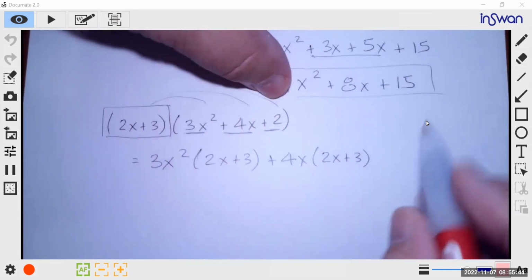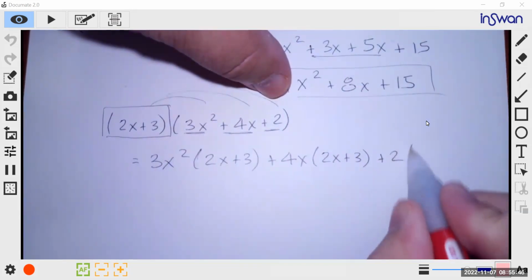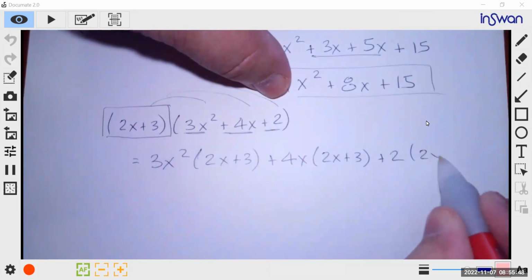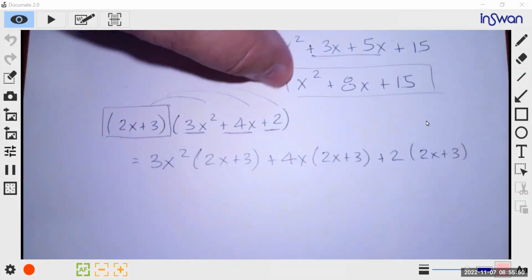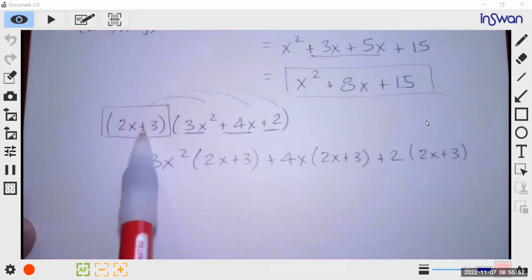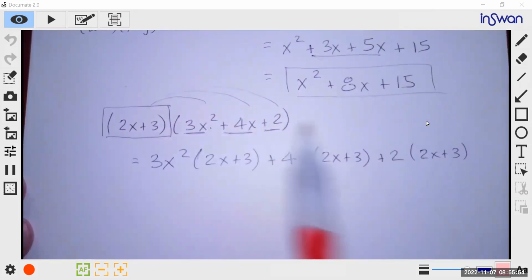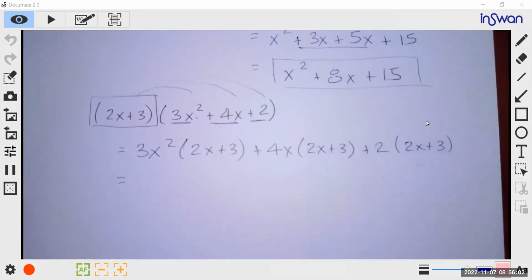I have a positive 2 times my 2x plus 3. So I take whatever's in front and put it behind each term. That's what I just did there. Now I distribute.